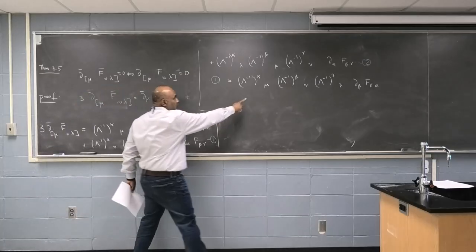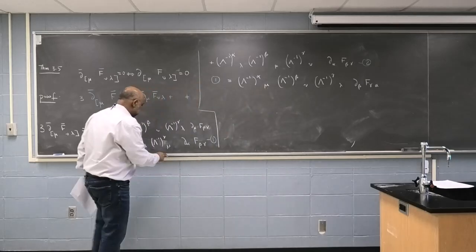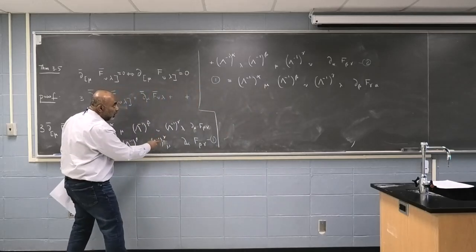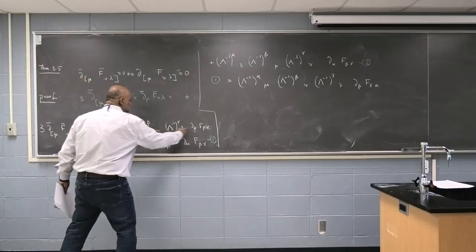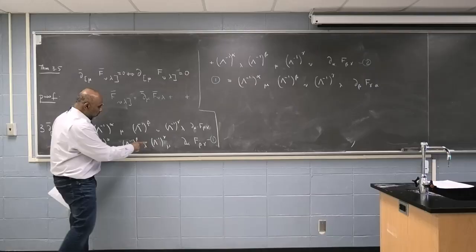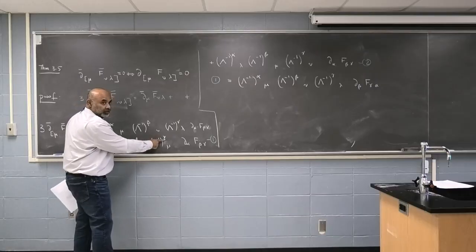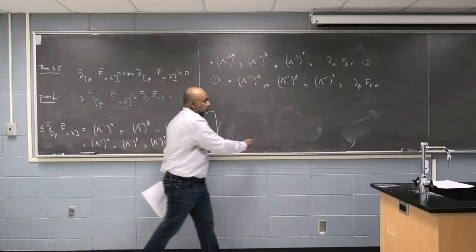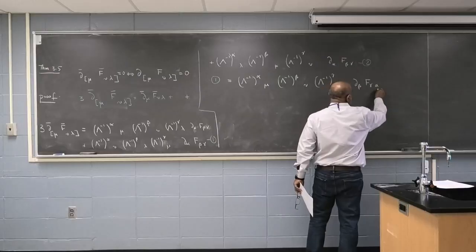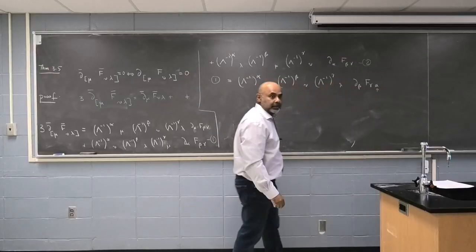So I brought mu over here. And in doing so, I wanted all these things to be the same. So then I replaced gamma with alpha. When I replace gamma with alpha, this has to be alpha. So you see that? That became alpha.